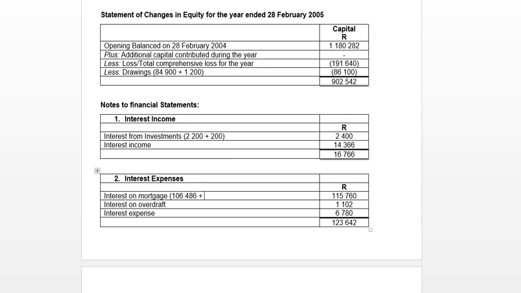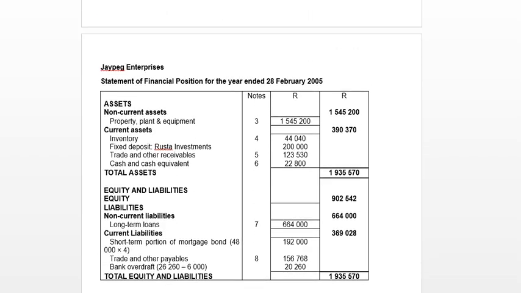That had to increase by the 9,274 Rand to get to an actual interest expense of 115,760.